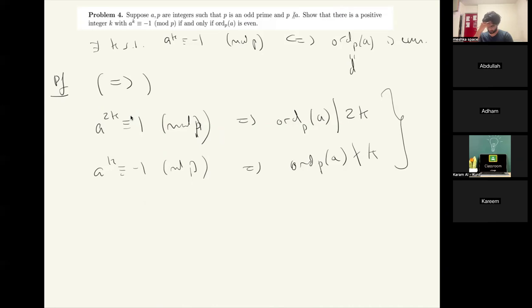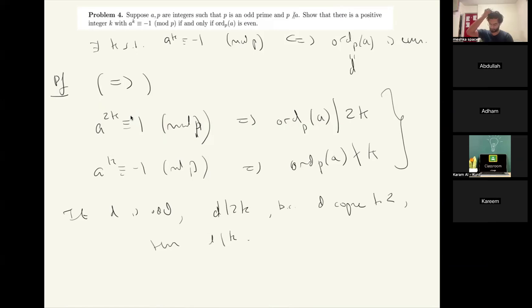So suppose d is odd. If d is odd and d divides 2k, because d is coprime to 2, then d divides k.